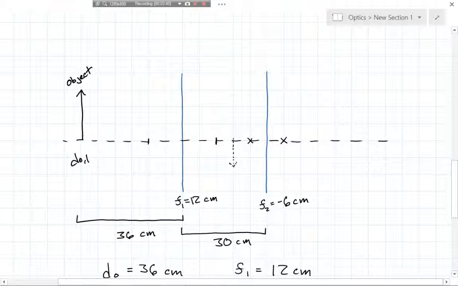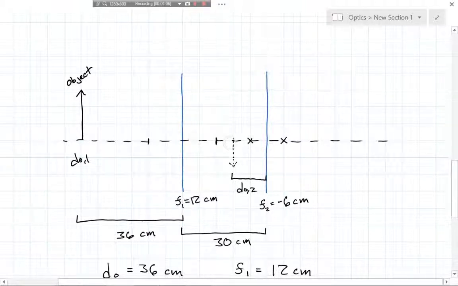Now the second step is that we treat this image as if it was an object, and we calculate the location of the image formed by the second lens using this image as an object. In order to do that, we need to calculate the distance between this image and the lens, because that's going to be the distance for my object for lens 2. This distance right here is do2.